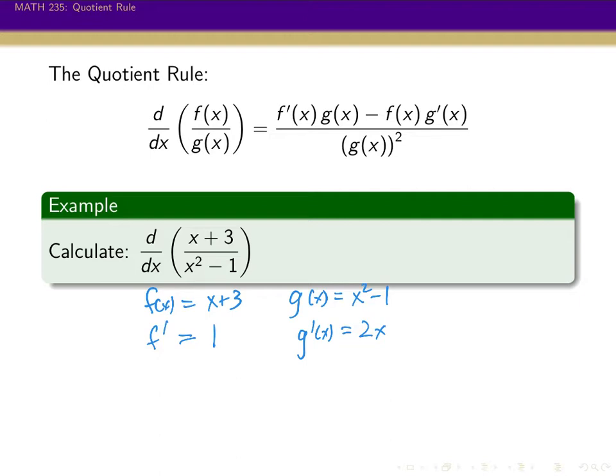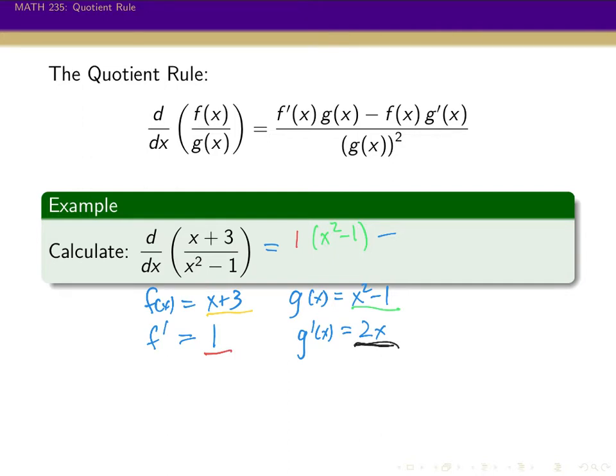And so now we have all the parts that we need. So applying the quotient rule, I can just follow this from above. So it is f prime times g. So this would be 1 times x squared minus 1, minus f times g prime.